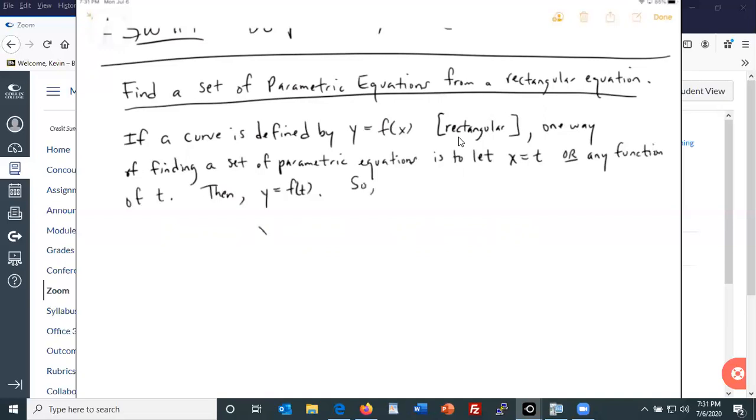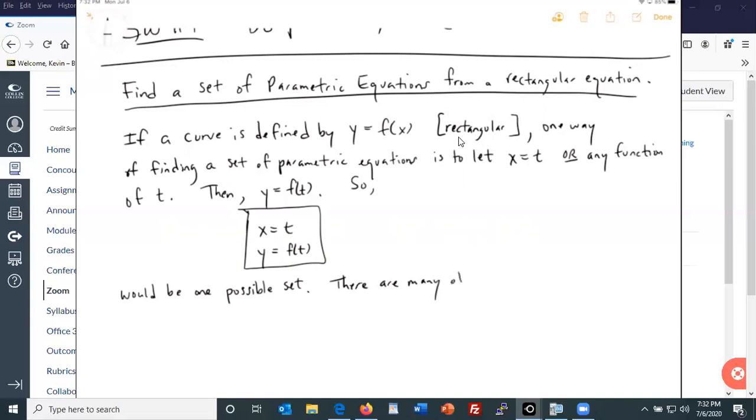So therefore, x equals t and y equals f at t would be one possible set. There are many other possibilities. So now I'm going to give you a minute here to get caught up. This way you can read it, you can write it, and then we'll talk a little bit more about this.